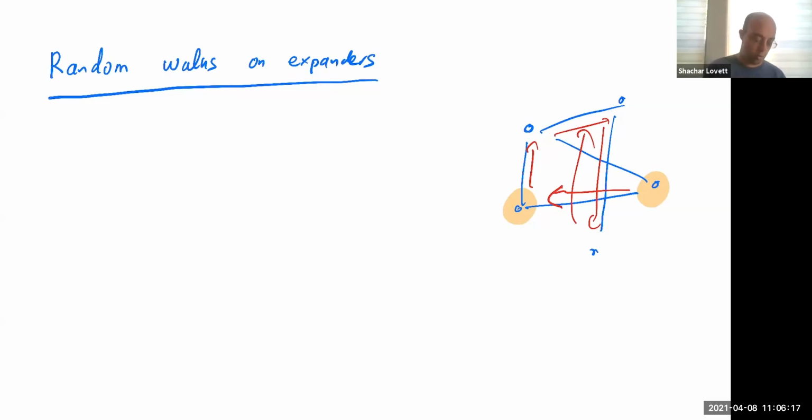So, a reminder from last time. We're going to have G, which is a D-regular graph.